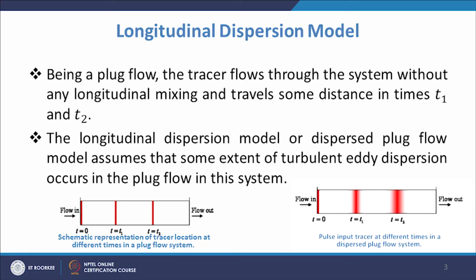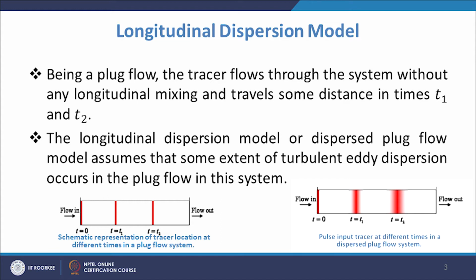The tracer coming at the inlet will appear at the outlet after some time with no longitudinal mixing, whereas in the longitudinal dispersion model, the tracer will flow through the system with certain longitudinal mixing.